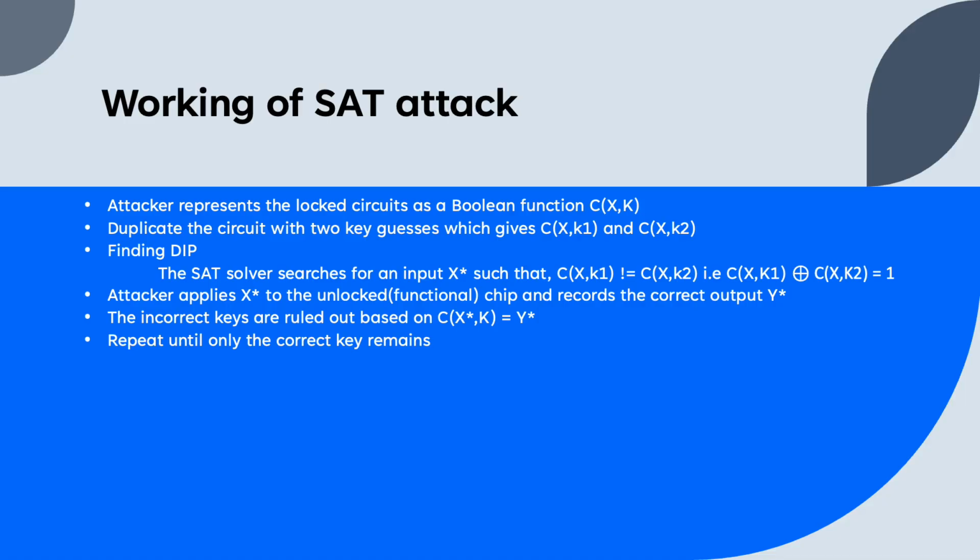The answer to that question lets you rule out half the wrong answers at once. After a few smart questions, only the correct answer remains. This is how SAT attack works. It asks the best possible questions, DIPs, that help to rule out the most incorrect keys in each iteration.